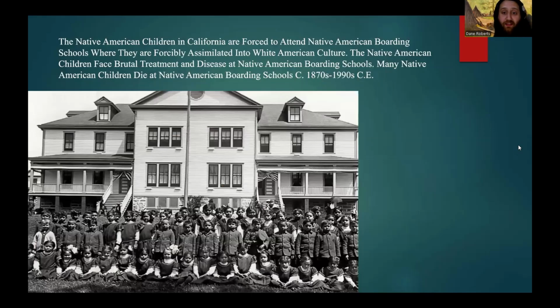And then between the 1870s and the 1990s CE, yeah, literally just like 30 years ago, the Native American children in California would be forced to attend Native American boarding schools where they were forcibly assimilated into white American culture, and were forced to face brutal treatment and disease at these boarding schools, with many of the Native American children dying at these Native American boarding schools.